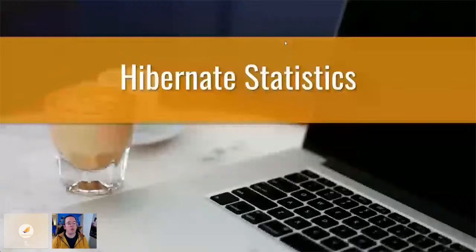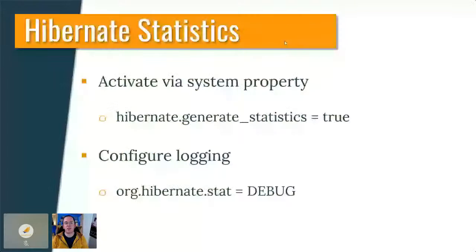To activate these statistics, you need to set the Hibernate.generate_statistics configuration parameter to true. You can do that in the persistence.xml file or in a system property. I always recommend doing that in a system property, because you don't want to activate this parameter in production.